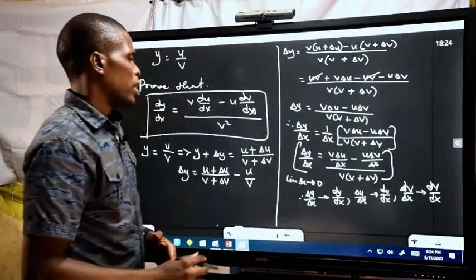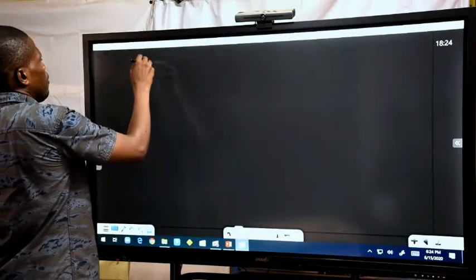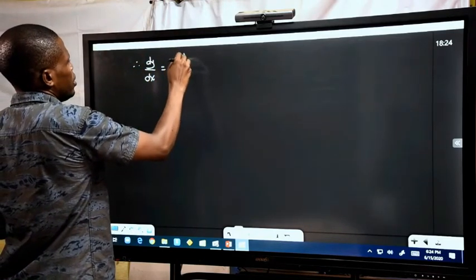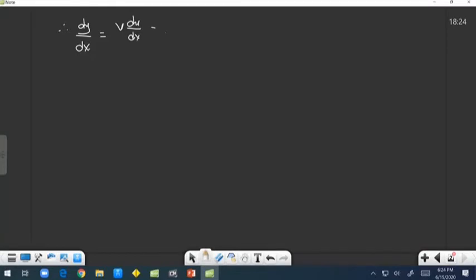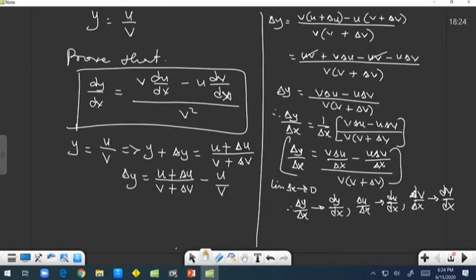So therefore, if that is possible, we can now say that dy over dx is equal to v du over dx minus u dv over dx, all divided by v squared. So we have this as the expression. Now, recall that we have delta v when we expand this, but delta v will also approach 0 here, so we have v multiplied by v, which gives v squared.